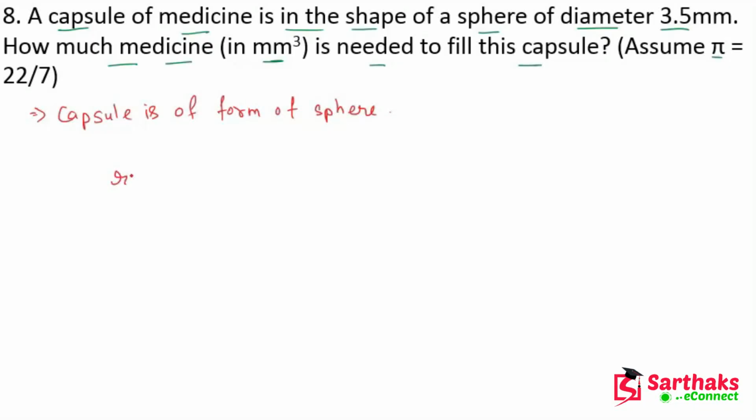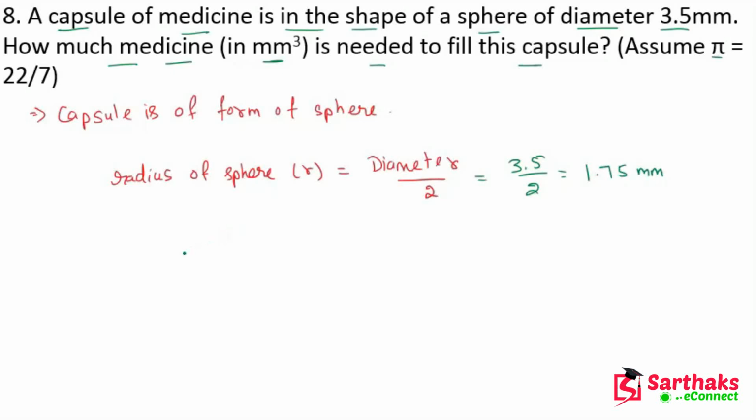Okay, so radius of sphere r is equals to diameter divided by 2, and diameter is 3.5, which is divided by 2. After solving this, we get 1.75 mm. So medicine needed for its filling is equals to volume of sphere.